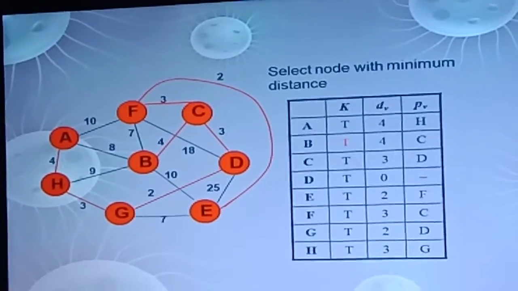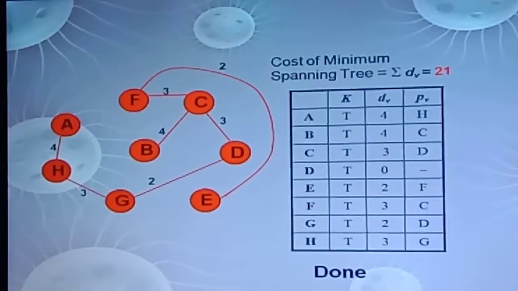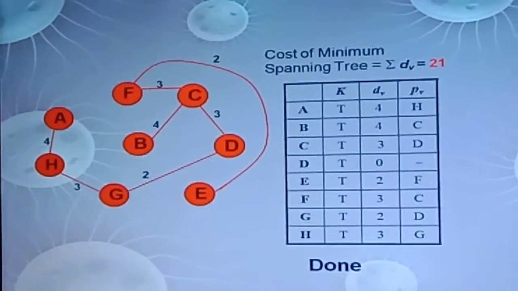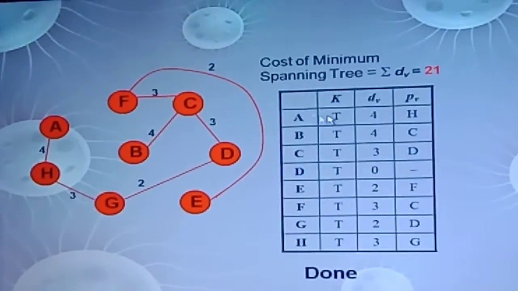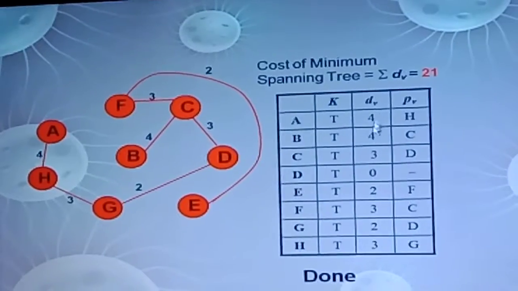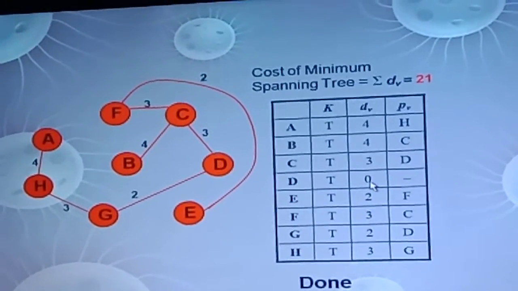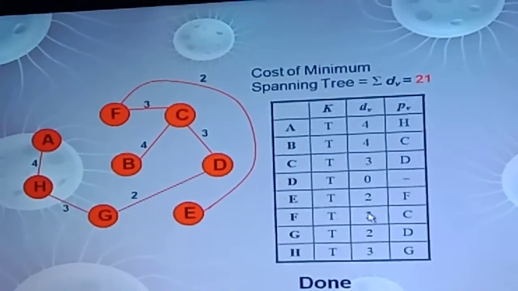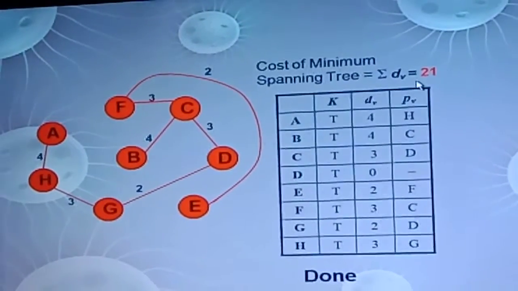After completing the entries in the table, then you can calculate the sum of the distance values from the table, that is 4 plus 4 plus 3 plus 0 plus 2 plus 3 plus 2 plus 3, that is 21.